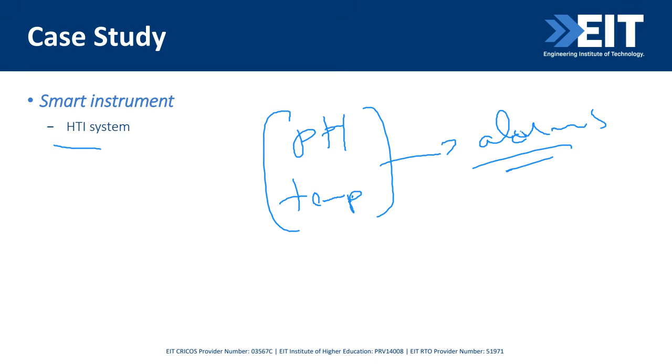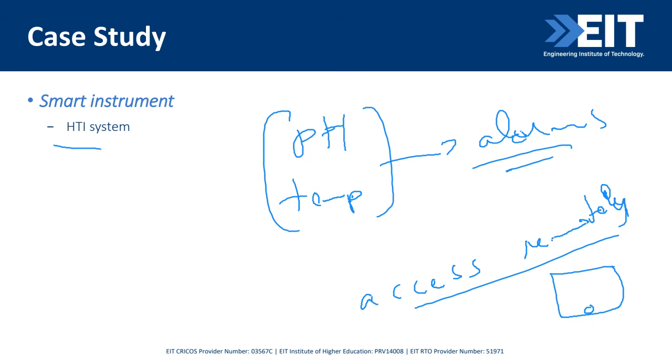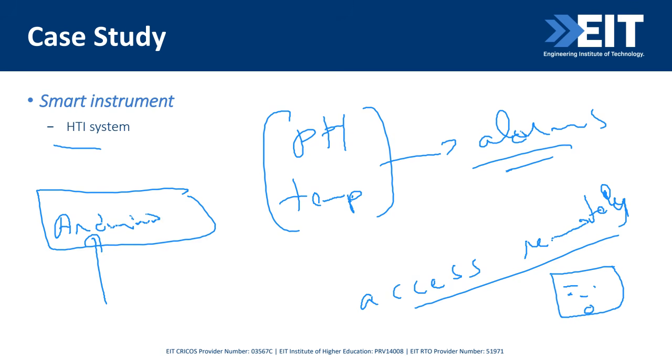And we wanted at the same time to access this remotely. So whenever we are around the world using a smartphone app, we wanted to see what is the pH, what's the temperature of every solution that we have. Well, what we did is build an Arduino-based system. So it was Arduino. We connected the pH meter, temperature sensor.